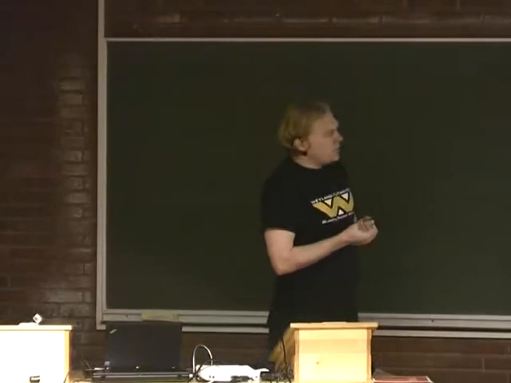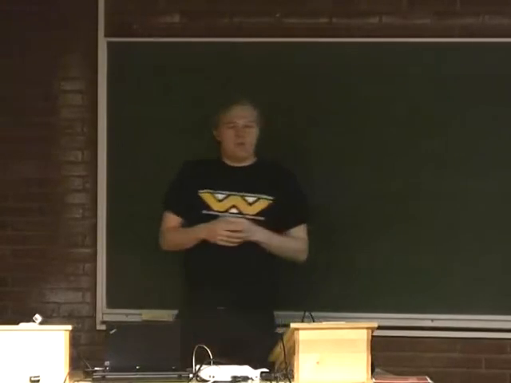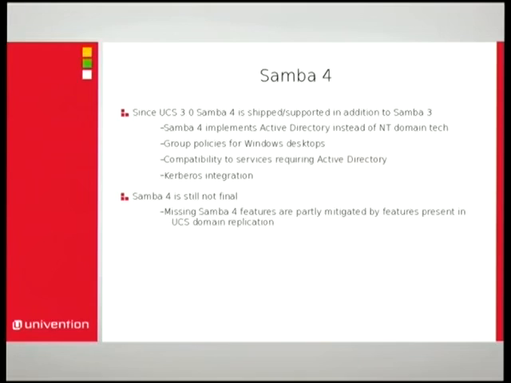Also, one important key change is that the primary authentication in Active Directory is based on Kerberos instead of the old NTLM hashes, which are insecure and which have many problems and issues on their own.